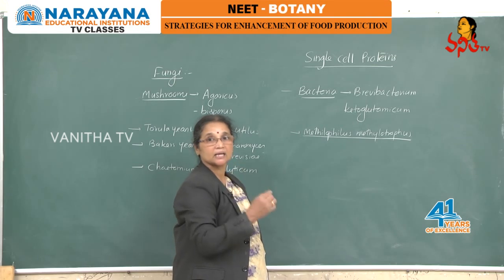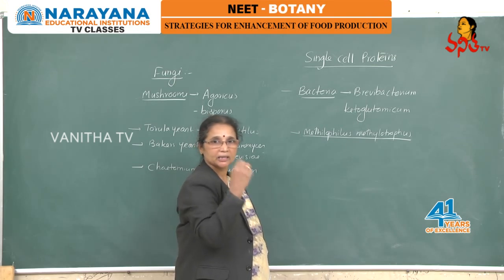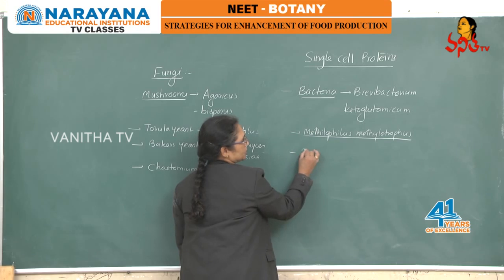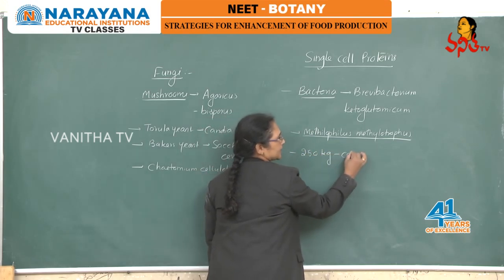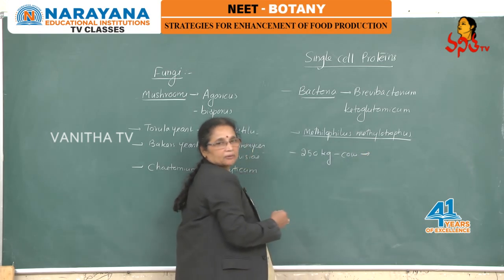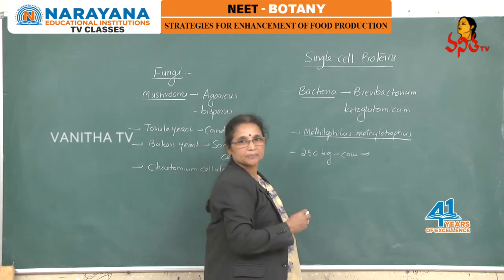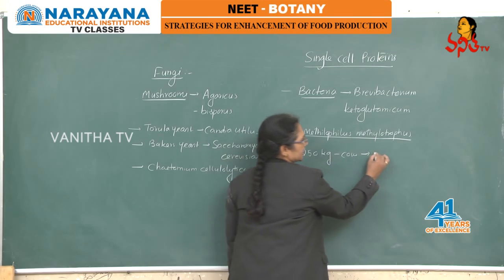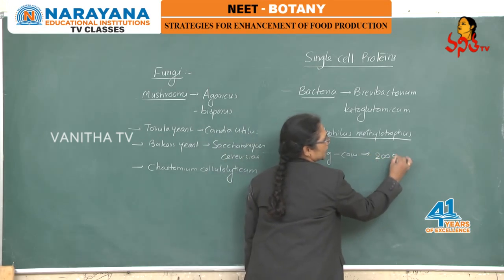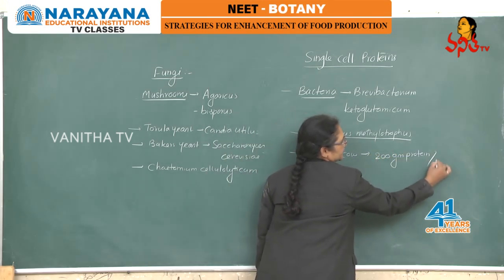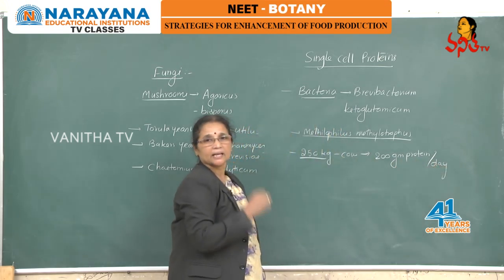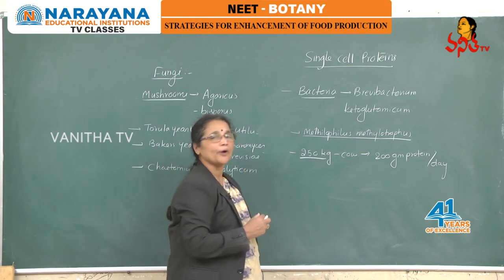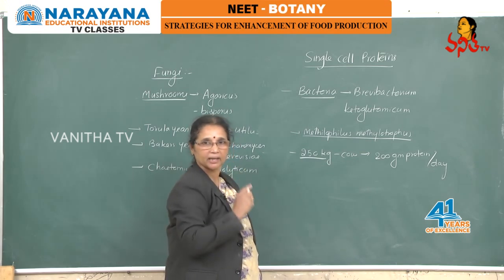Here it is not an exaggeration to say that suppose you are rearing a cow which weighs about 250 kgs. A cow can yield milk around 3 to 5 liters per day, which contains a maximum of 200 grams of protein per day. So a cow weighing about 250 kgs can give a production of only 200 grams of protein per day.